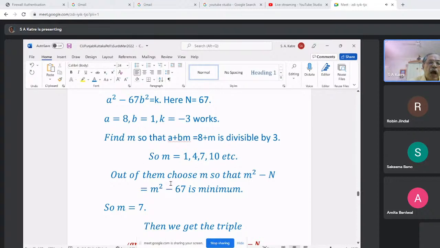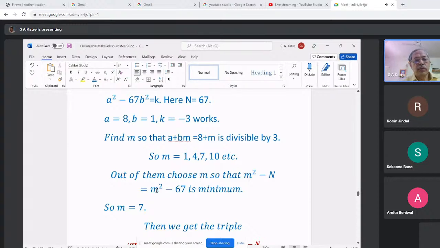Out of them, choose m so that m square minus n is minimum. So here n is 67. So what is m? You can take m to be 7, because 7 square is 49 and 8 square is 64. 8 square also it could be, but 8 is already there, right?